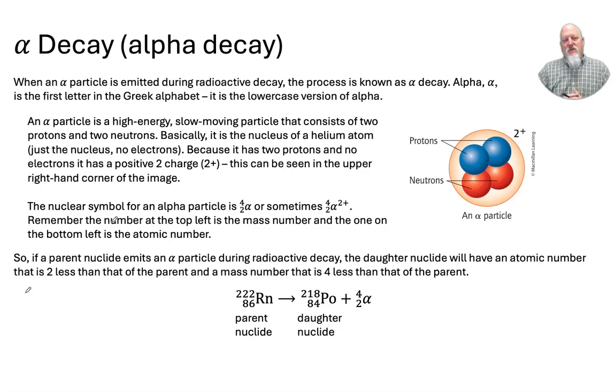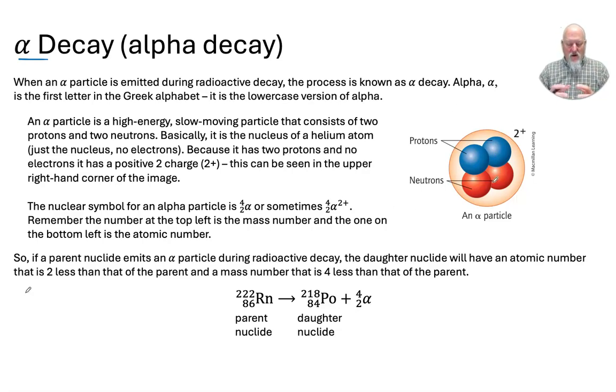So let's look at the two different types of particles that are produced through radioactive decay. The first we're going to talk about are alpha particles, and it's called alpha decay when the parent nuclide decays and produces an alpha particle. An alpha particle consists of 2 protons and 2 neutrons. Since these are high energy things, there are no electrons around it.